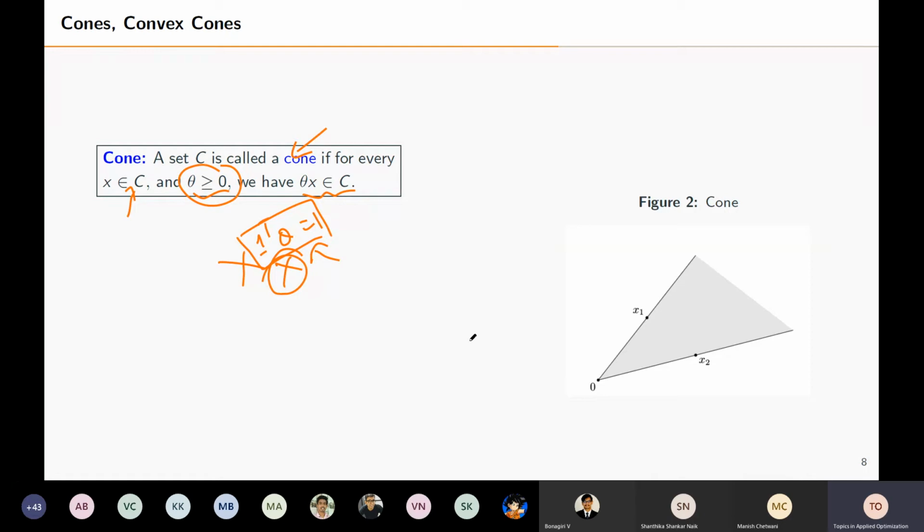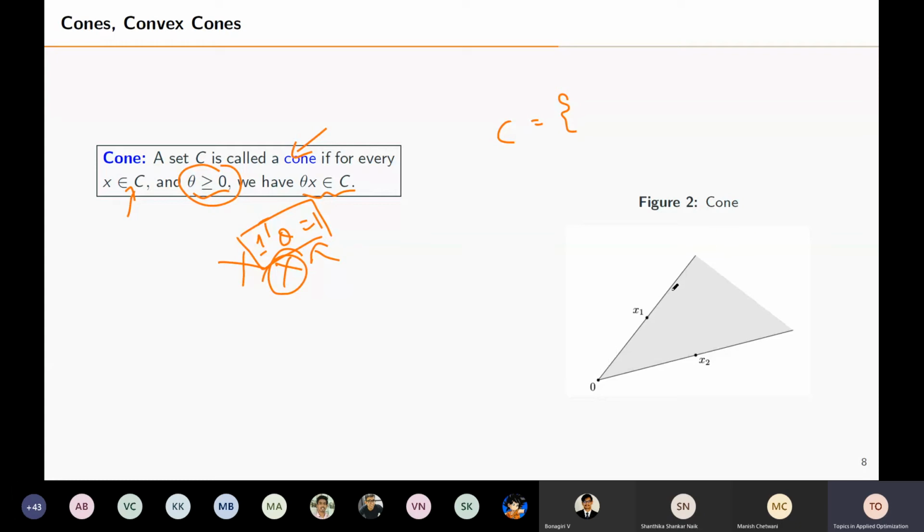So, okay, what can you see from the figure, right? Let us say I define the set. From here itself, let me give you a set.